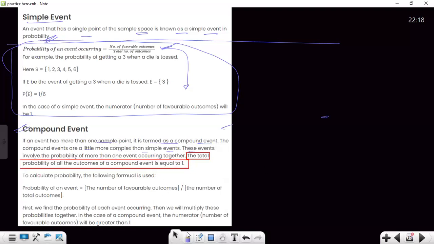To calculate the probability, the formula is used. First, we find out the probability of each event. Anyways, this is important.